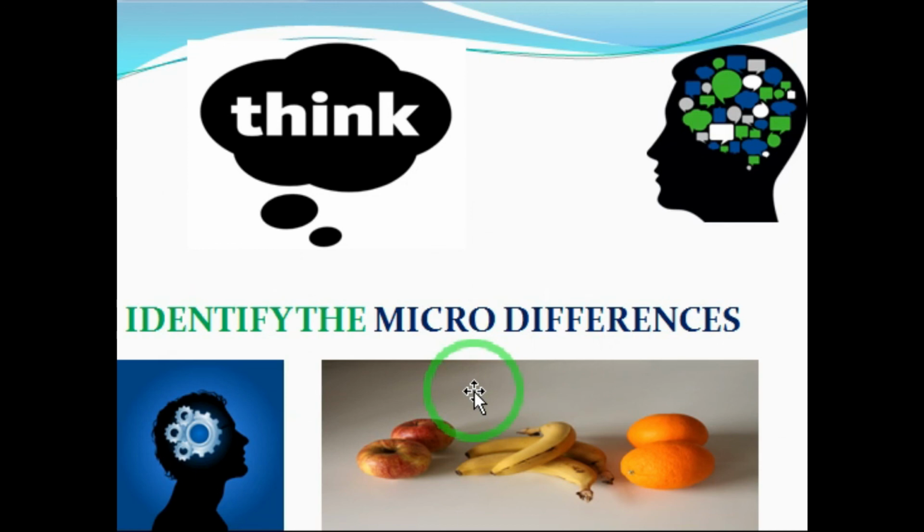Most exams, even MCQ questions, multiple choice questions, mainly depend on micro differences. That means the macro differences make complications. Macro differences are very well known things. For example, apple, banana, orange.